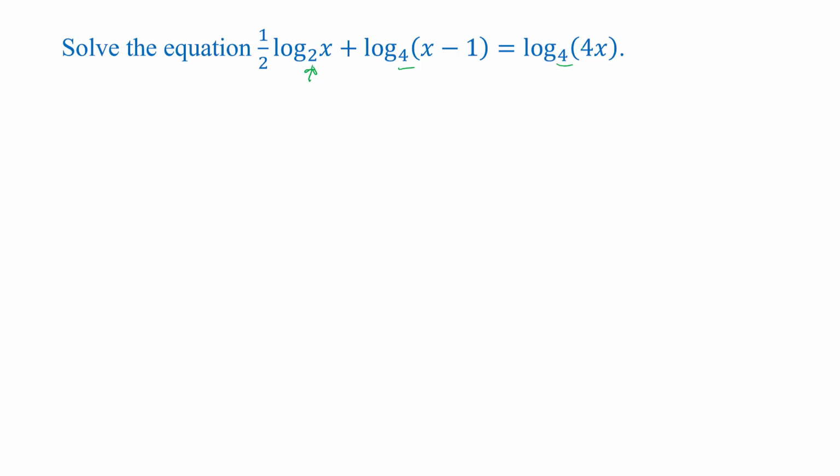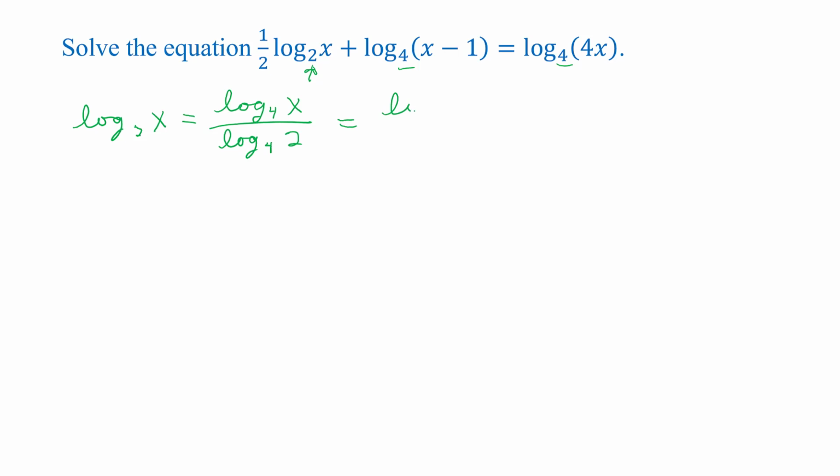So I'm going to change this log to the base 2 of x into log to the base 4 using the change of base formula. Log to the base 2 of x would be equal to log to the base 4 of our argument x over log to the base 4 of our base 2. We can simplify a little bit further with this.